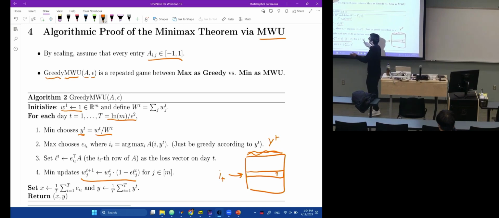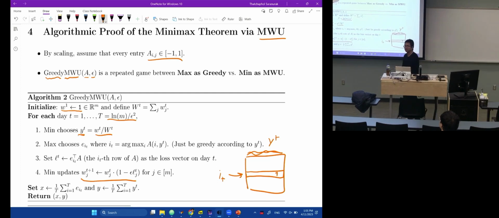And after that, what we do is look at the max player: everything that he chose so far on each day, average them out, right? This is just the strategy of the max player on day t. Just sum them up and average them. For the min player, just look at everything that she did, average them, and then return.